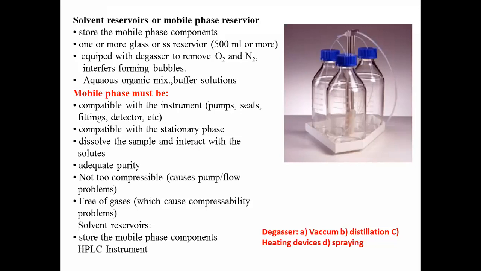So the mobile phase should be compatible with the instrument. Starting from the pumps, various types of seals are also used for fitting purposes, and some detectors. So the mobile phase must be compatible with the instrument.